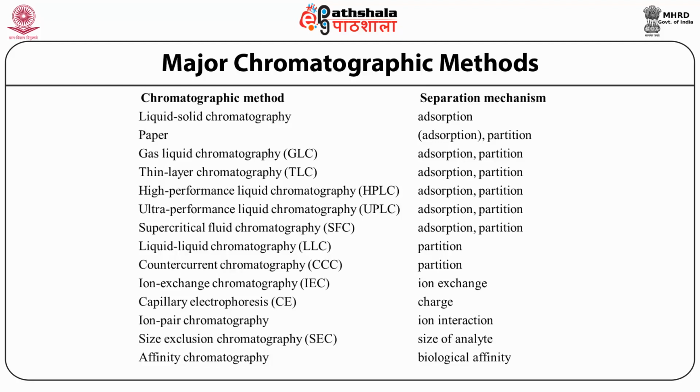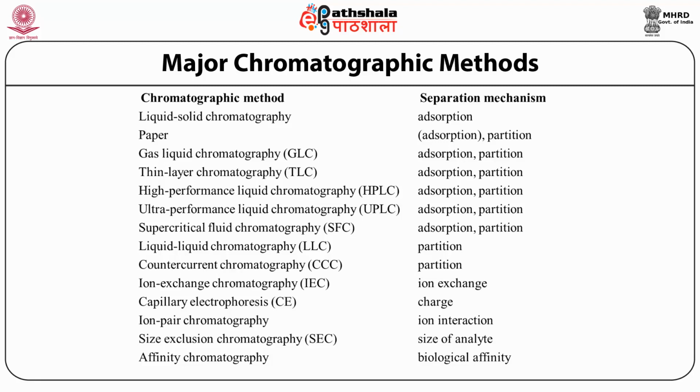Besides this, we have two chromatographies for which partition is the main separation method, which are LLC, liquid-liquid chromatography, and countercurrent chromatography. The next one is ion exchange chromatography, which is different from the rest in the sense that it involves the exchange of ions, while capillary electrophoresis involves the movement of charged compounds.